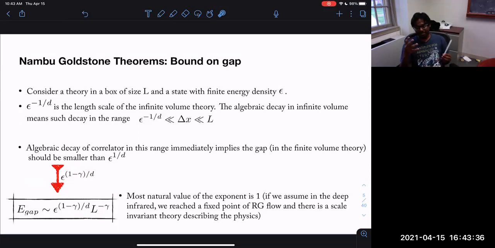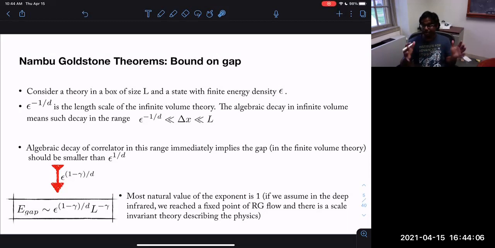The most natural value, motivated by RG, is 1, because if we flow to the deep infrared, we reach a fixed point of the RG flow, and suppose there is a scale invariant field theory which describes this theory, then we would immediately tell that E gap has to scale as 1 over L, because that's scale invariance. And then we would immediately conclude that gamma is 1. That's a naively, physically motivated argument.